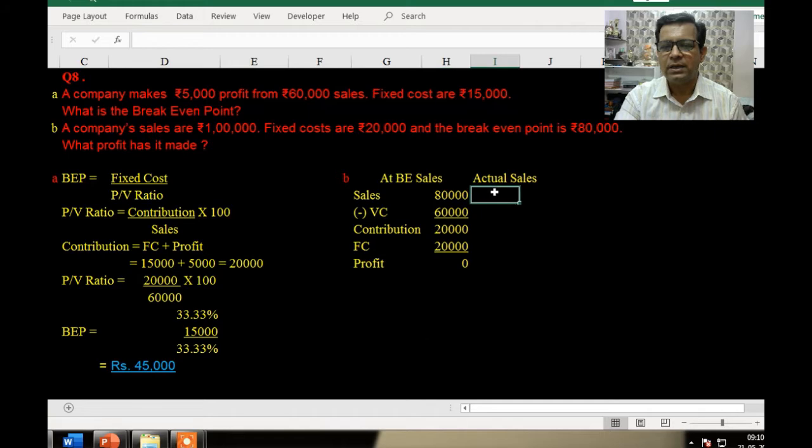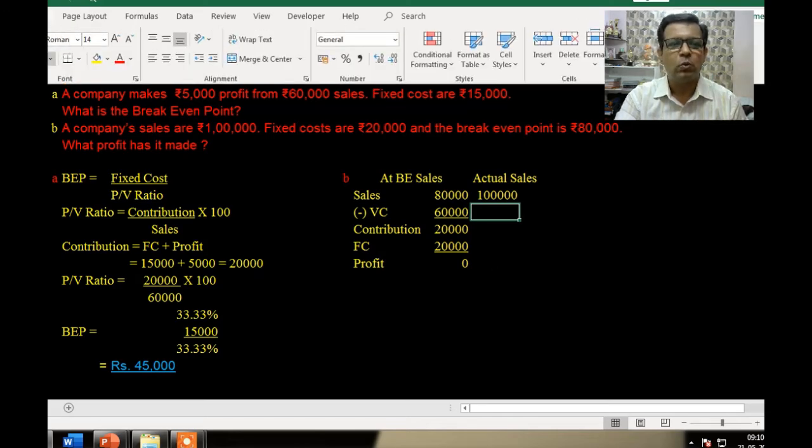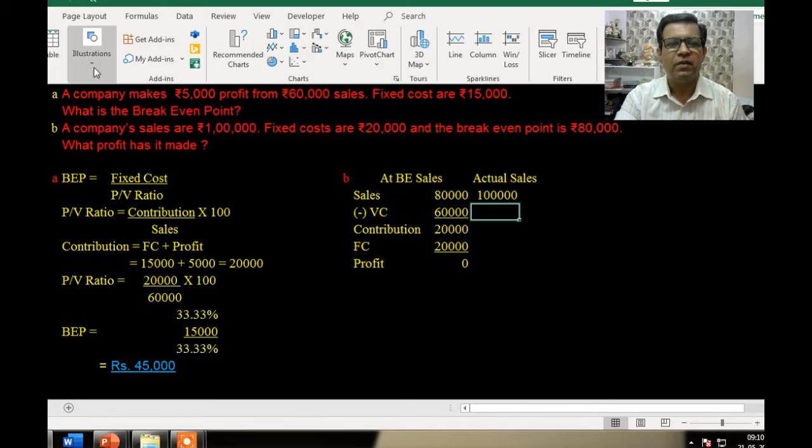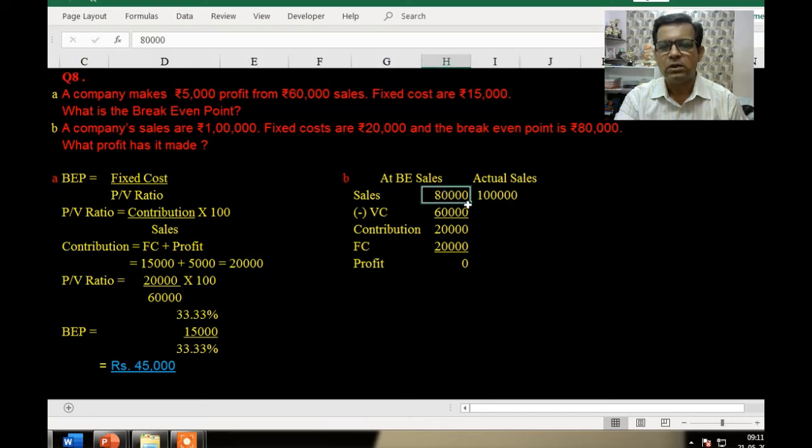Now let's look. The actual sales are rupees 100,000. That's 1 lakh. I don't know what my variable cost will be here. So what we can do is go back to our basics and apply the simple rule that we have learned, which is called cross multiplication. I can simply multiply 80,000 with X and 100,000 with 60,000.